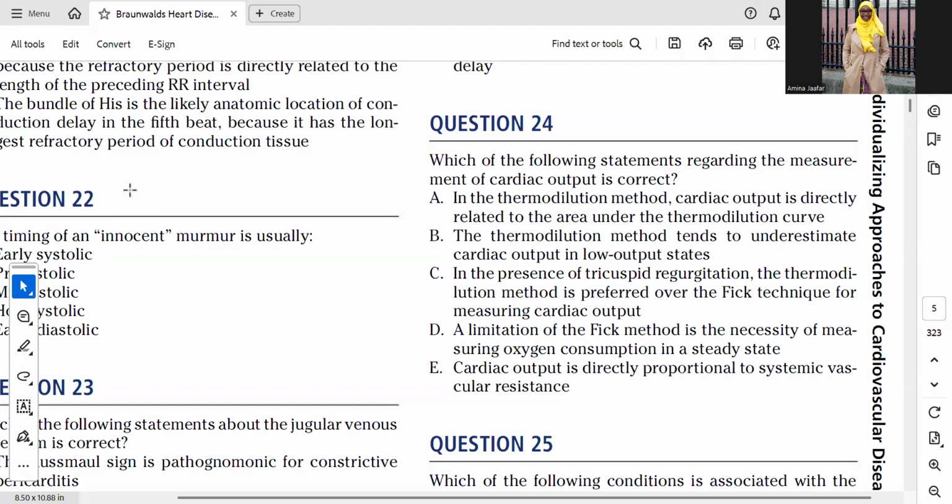So what is done is that a pulmonary artery catheter is inserted from the right atrium, goes through the right ventricle, and then to the pulmonary artery. When the catheter is inserted, it is inflated and then fixed within the pulmonary artery, then deflated. After being deflated, a cold saline or dextrose is injected.